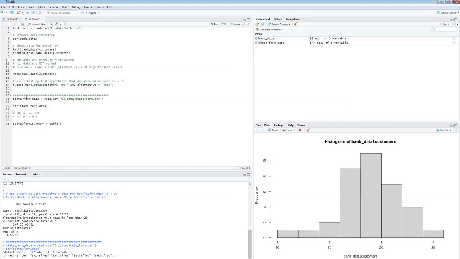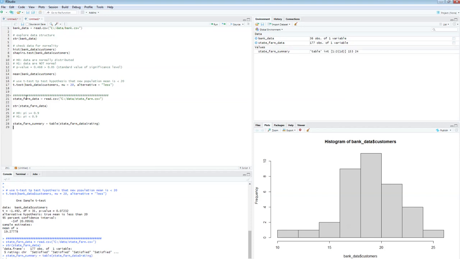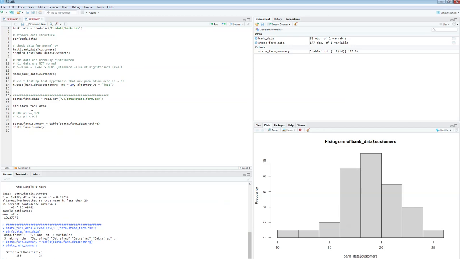I'm tabulating the State Farm data column rating. All right, let's see what the summary looks like. The summary says that out of these 177 observations, 153 were satisfied and 24 had complaints.